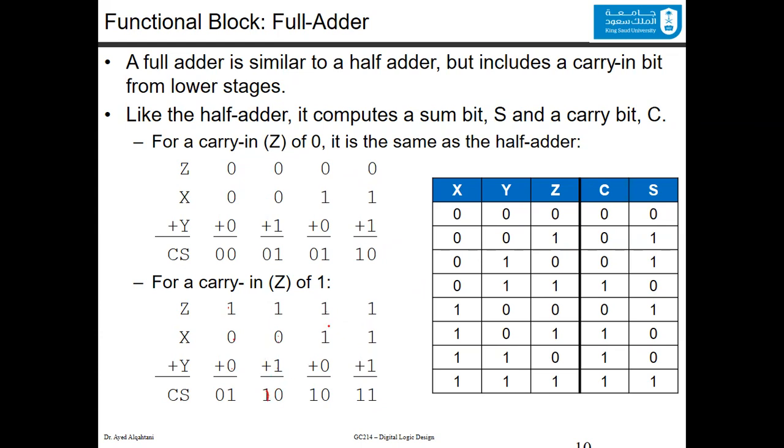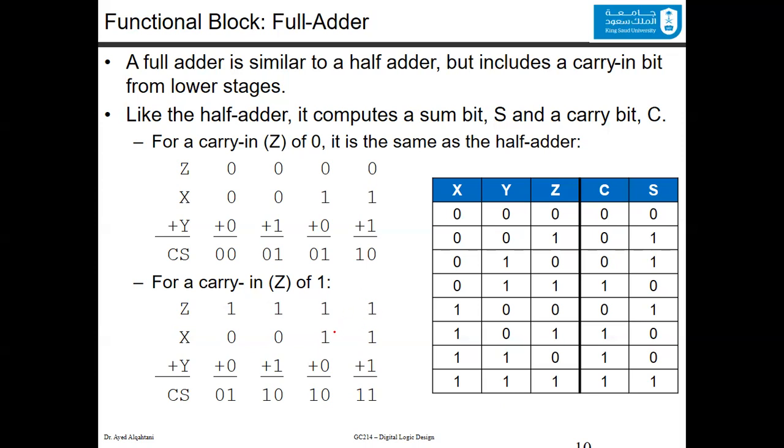If you add 1 plus 1, as we discussed before, the result is the decimal value 2, but we cannot represent it in binary using this digit. We represent it using 0 and then carry 1. Similarly, if you have 1 plus 1 plus 1, the result would be 3, which is 1, and carry 1.